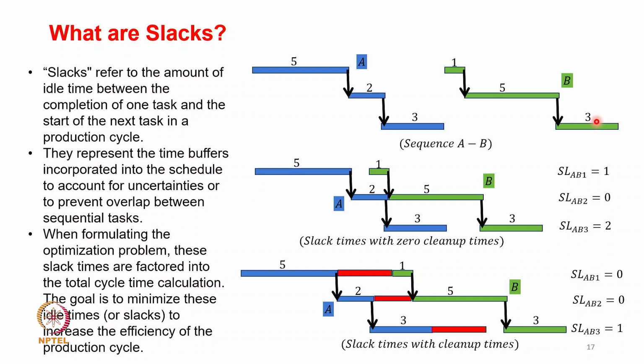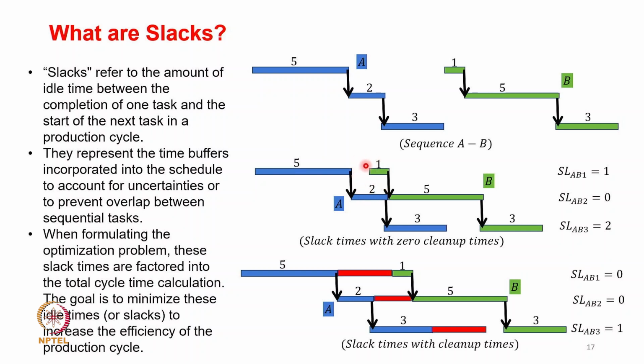So now how to keep them together. Stage 1 of B only takes 1 hour, but stage 2 of A takes 2 hours to complete. So you have to wait; you can only start this production after stage 2 of A is free. So there is a slack of 1 hour in stage 1, because stage 1 of B requires 1 hour, but stage 2 of A is only free after 2 hours.